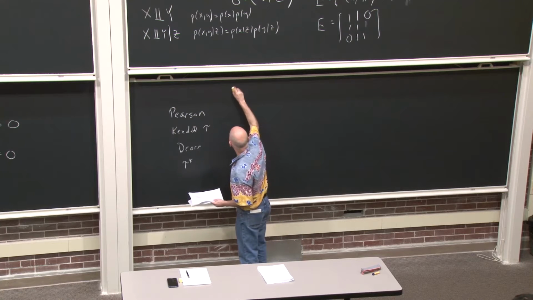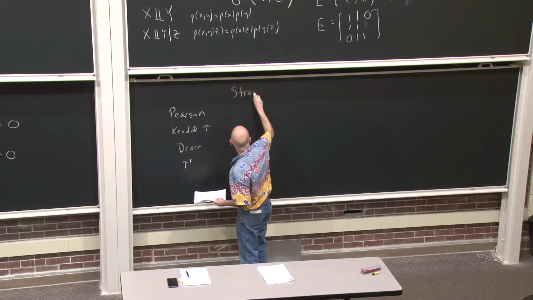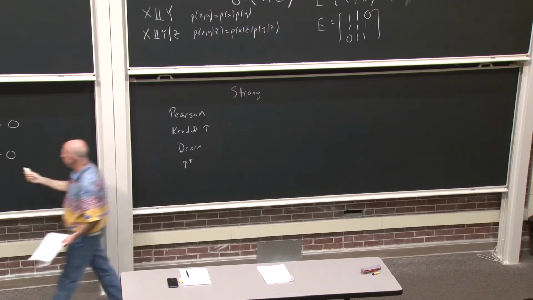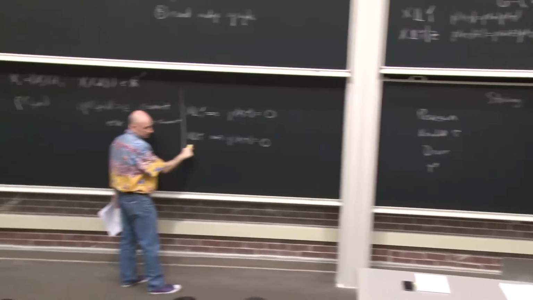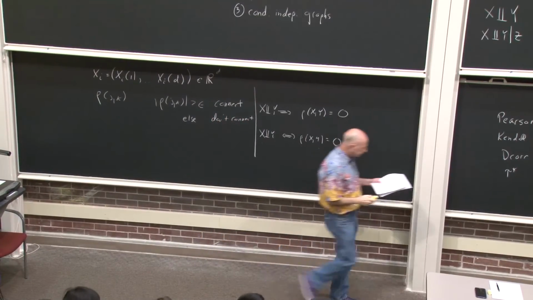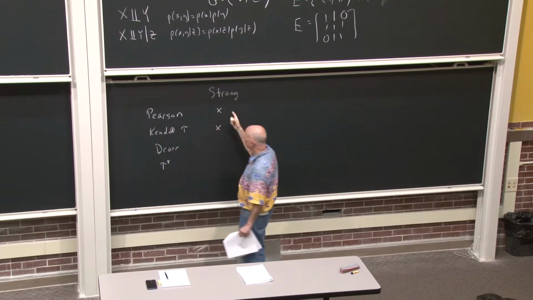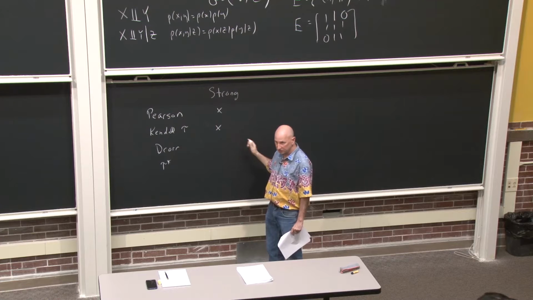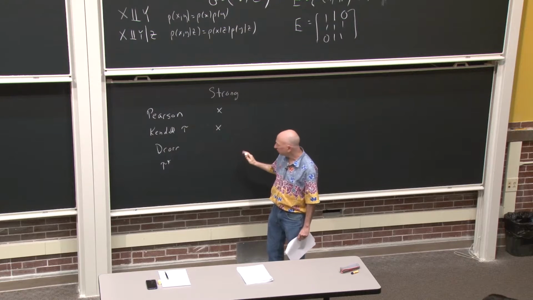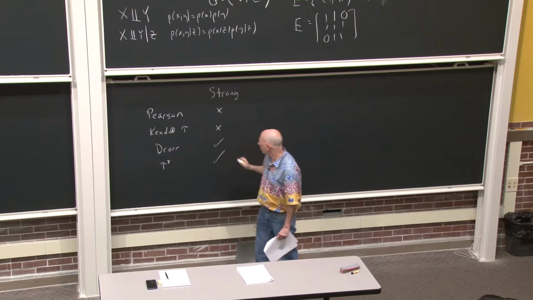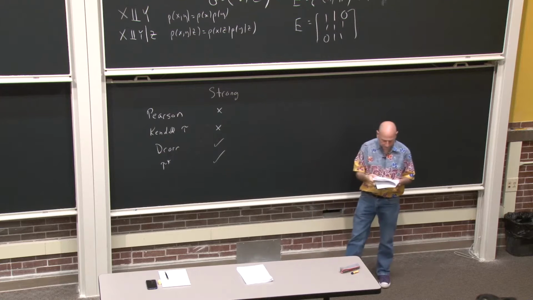Now I want to list some of the properties. The strong property means that if it's 0, it implies independence. These 2 don't have this property. They're measuring something weaker than independence, just some sort of association. But these 2 have the full strong property.